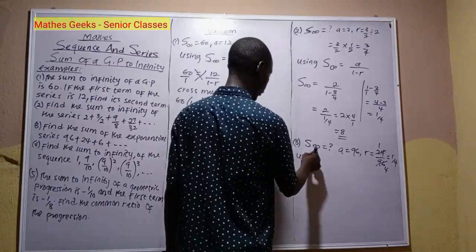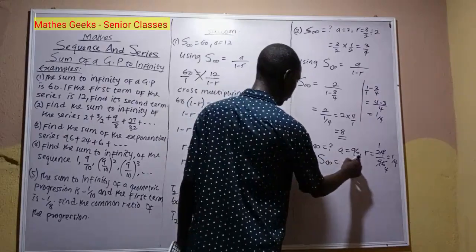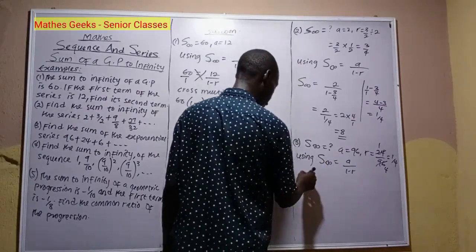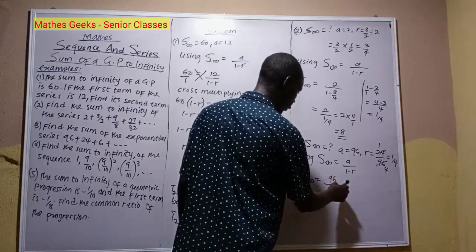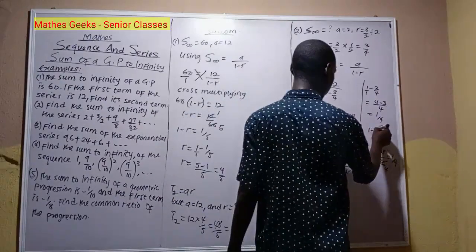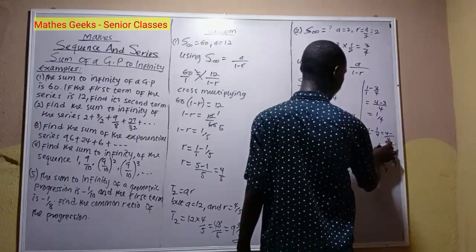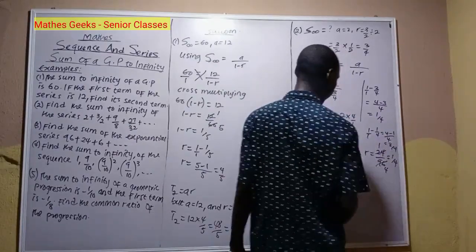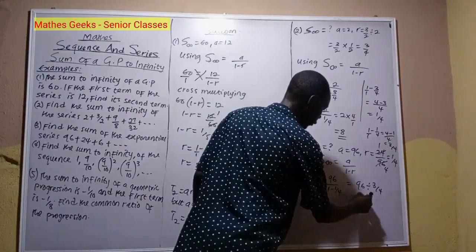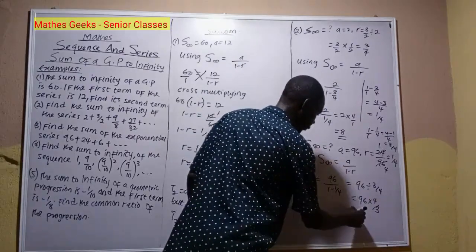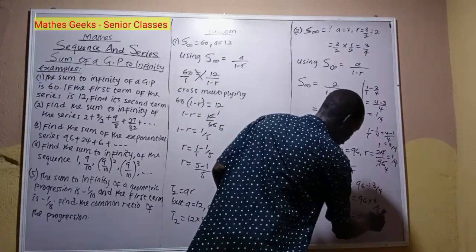So using a over 1 minus r, the sum to infinity is equal to 96 divided by 1 minus 1 over 4. 4 minus 1 gives 3 over 4, so this gives us 96 divided by 3 over 4, which is 96 times 4 divided by 3. 96 divided by 3 is 32, and 32 times 4.